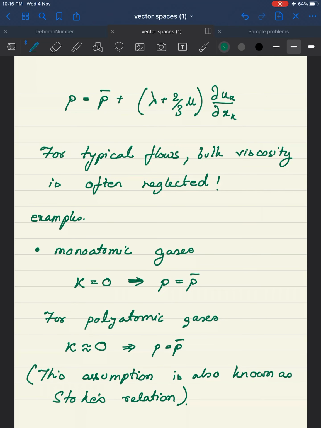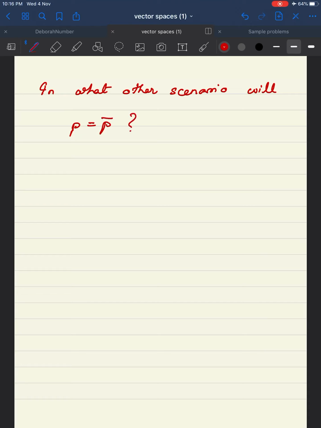In what other case will the two be the same? When will you have P equal to P bar? Well, when del uk by del xk is equal to 0.